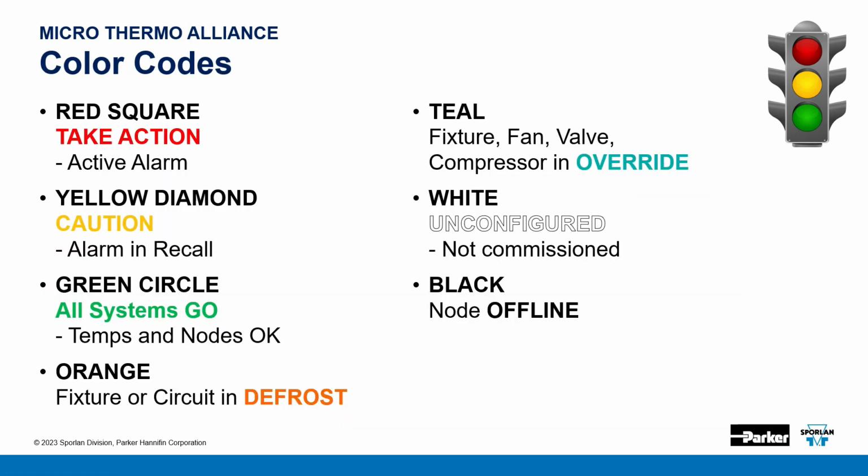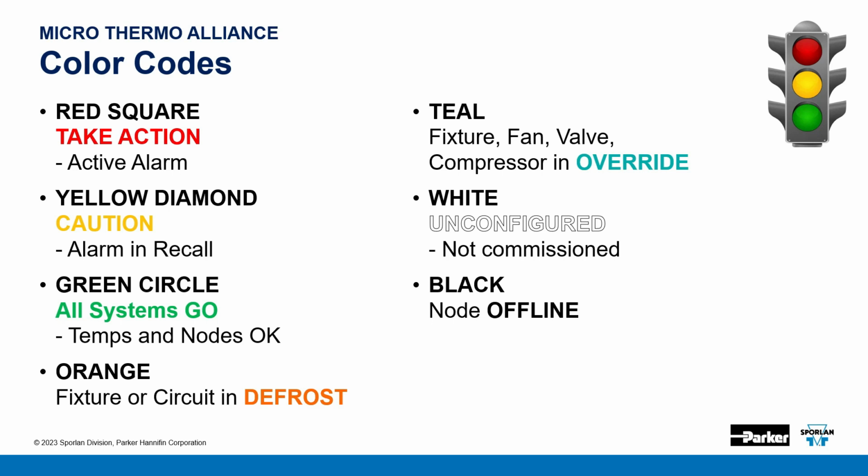So you notice the stoplight in the slides, and we do that because we use the basic red, amber, and green, or red, yellow, and green as a warning indicator. So if you see one of the icons has become a red square, that means you have an active alarm and you need to take action.